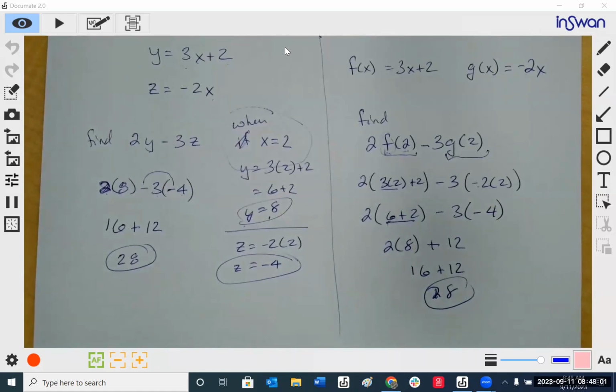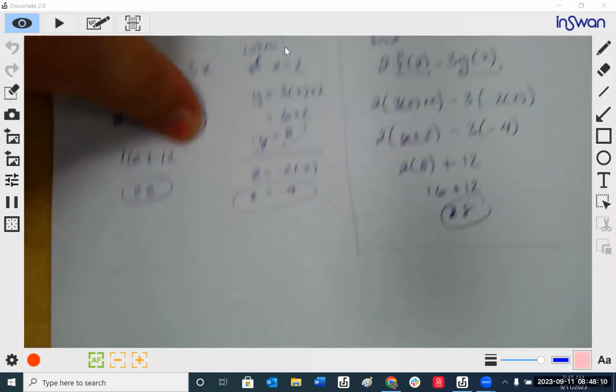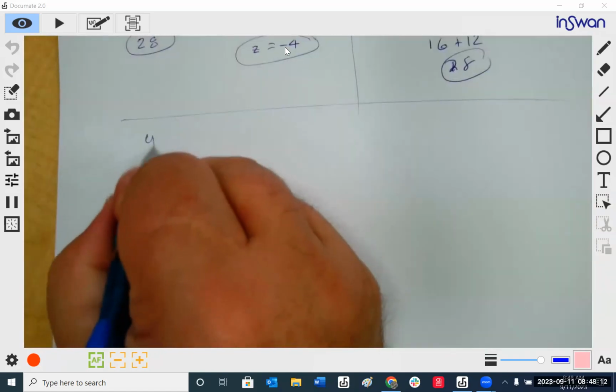Can the x values be different? Let's look at the first one. We'll still use the same equations.